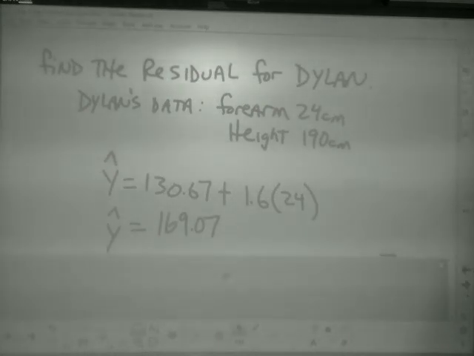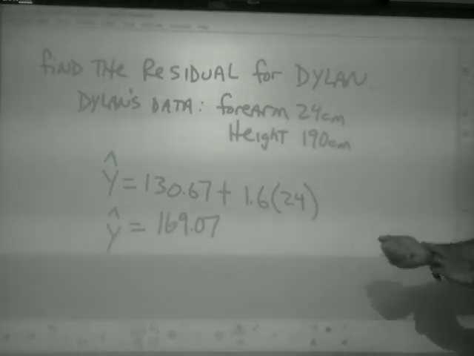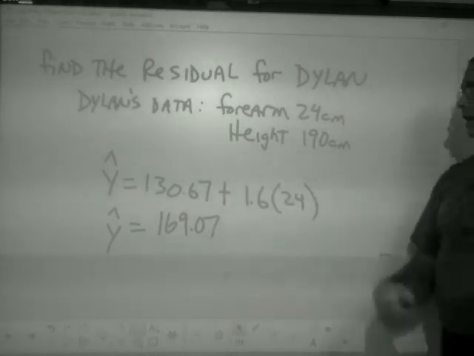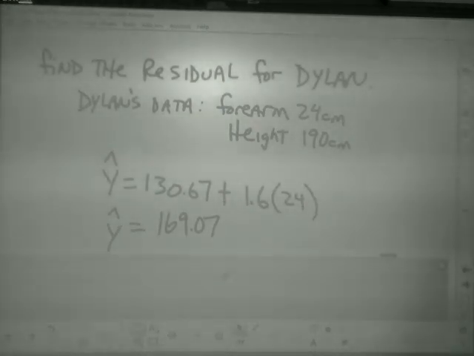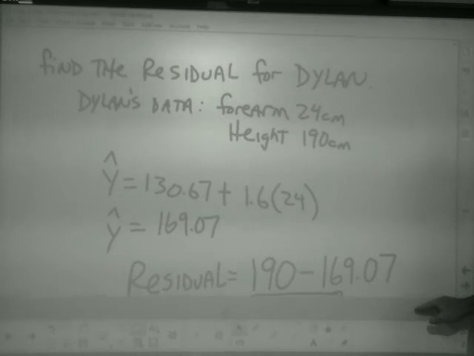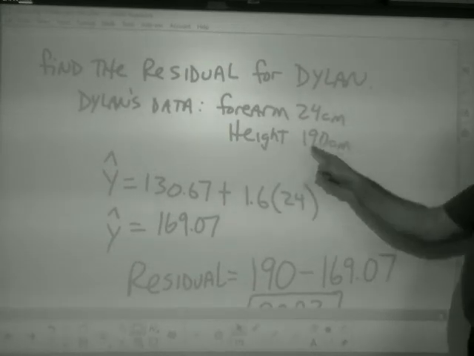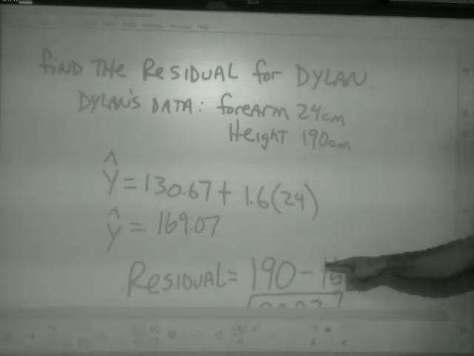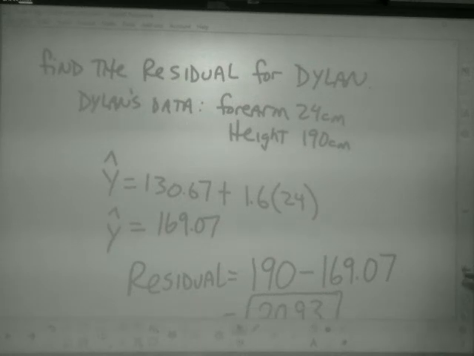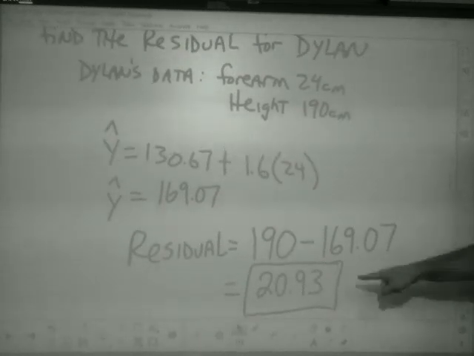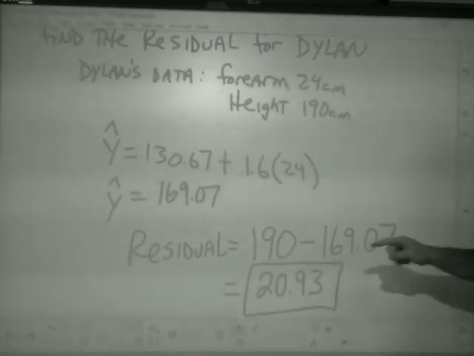I got 169. So predicted, he should be 169 centimeters tall. So our residual is the actual 190 minus the predicted 169. Dylan's residual was 20.93, positive.